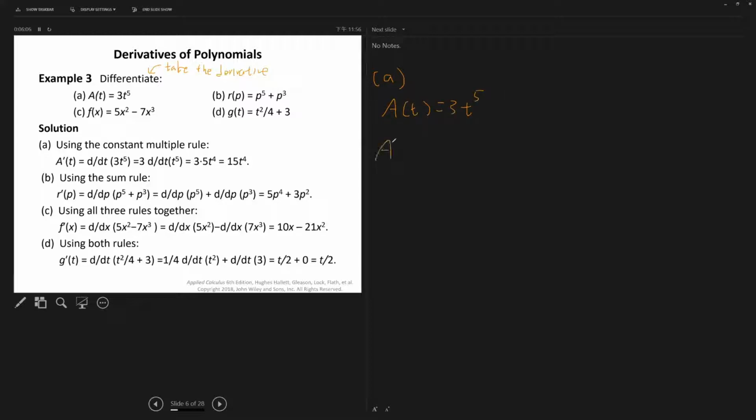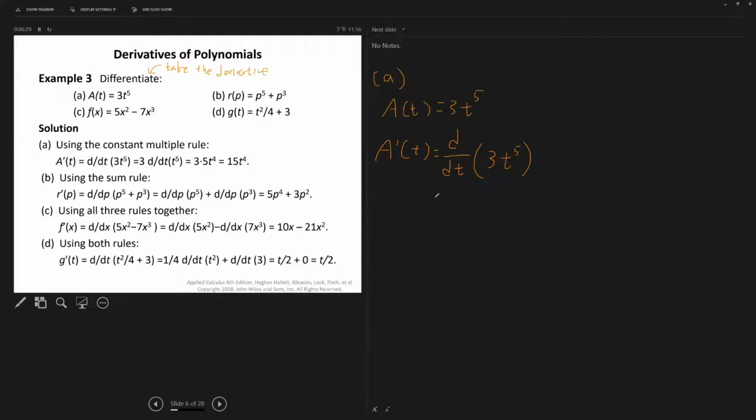To find A prime of t, we need to differentiate everything here with respect to t. Notice that I'm not writing dx in the denominator anymore. I'm writing dt because the t corresponds with the independent variable. So d dt of 3 times t to the 5th power.